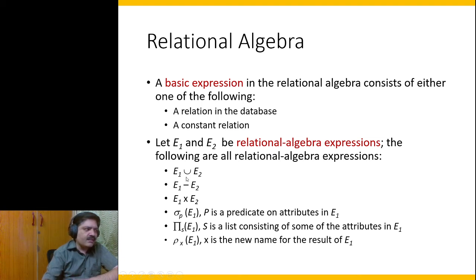For example, E1 union E2, that's another expression. Then I can have E1 union E2 union E3, that could be another bigger expression, and so on. So I can apply this recursively and keep constructing more and more complex relational algebra expressions. So a basic expression would be a relation in the database or just a constant relation, meaning just a single value relation.